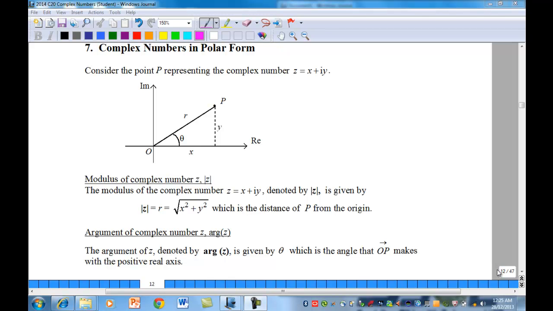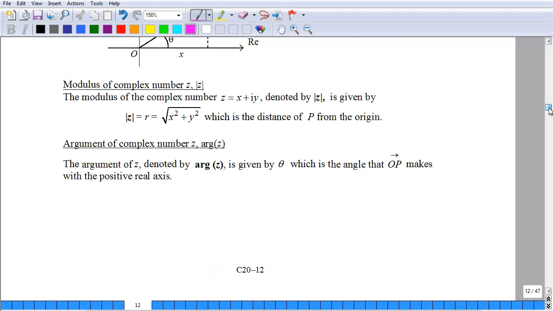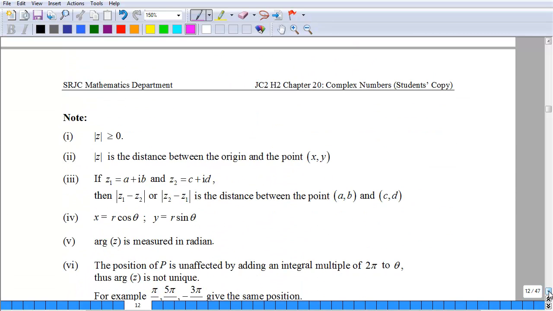In the previous video, you have learned the meaning of modulus and argument of a complex number and how to find them. Now, before we proceed on to the next example, let us understand some very important notes about modulus and argument.